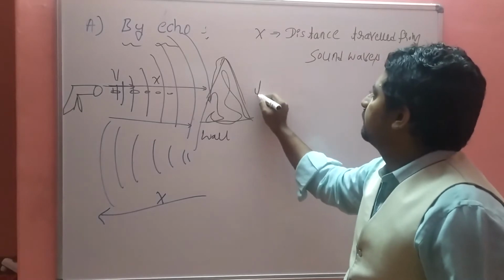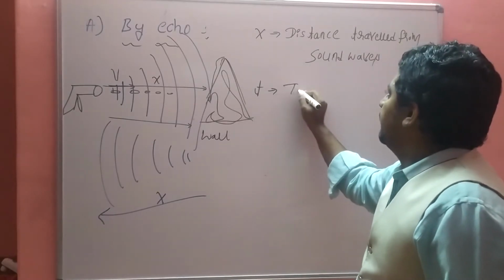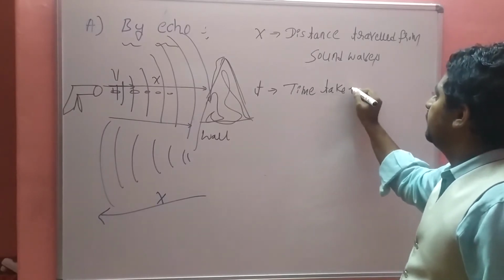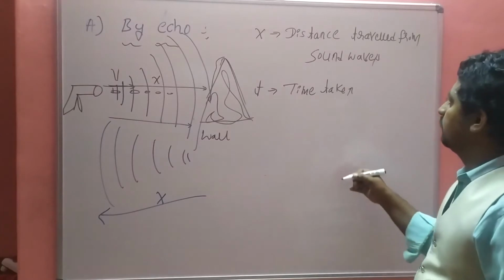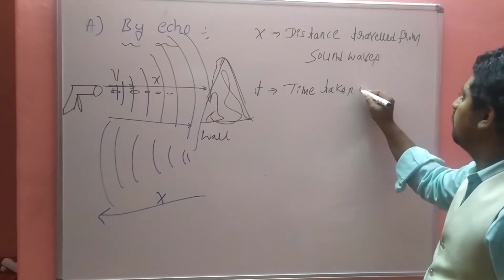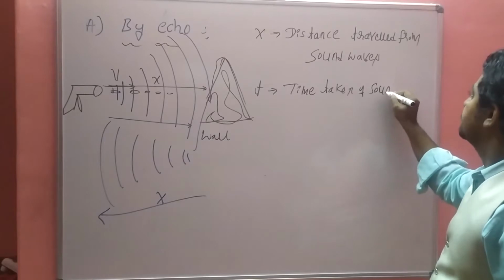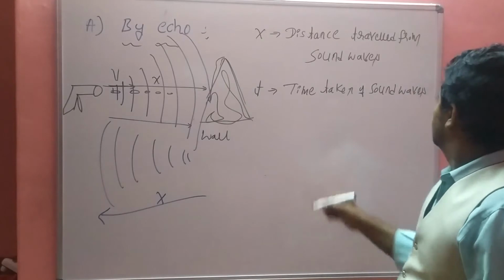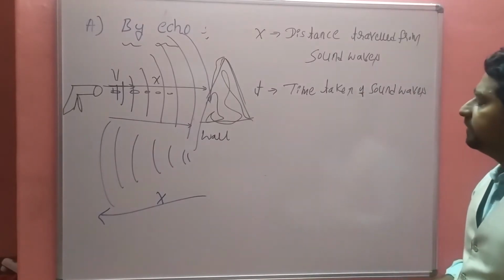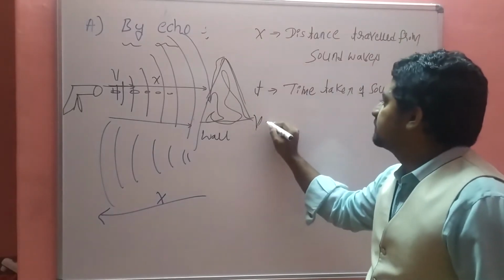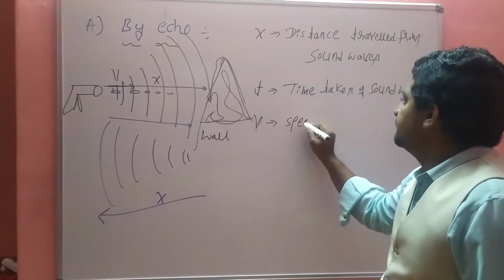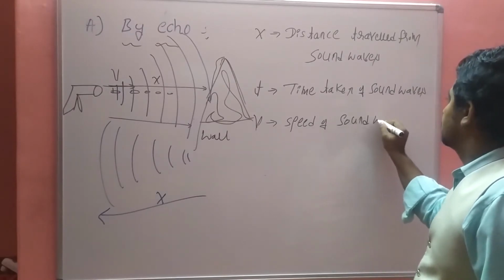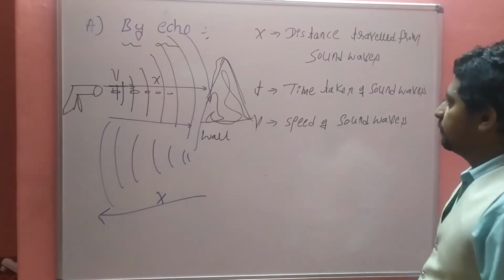Then t is the time taken by the sound waves. V is the speed of sound waves.